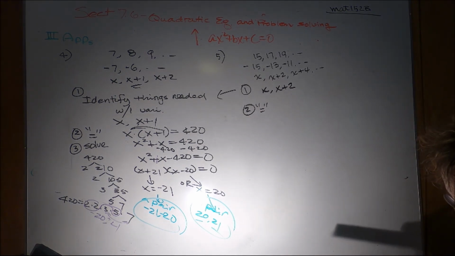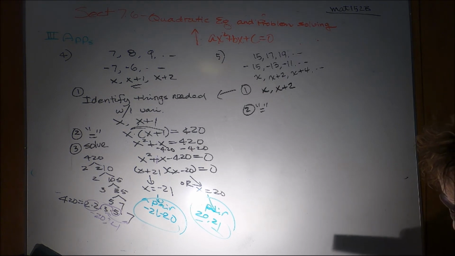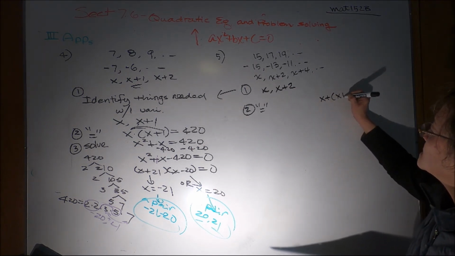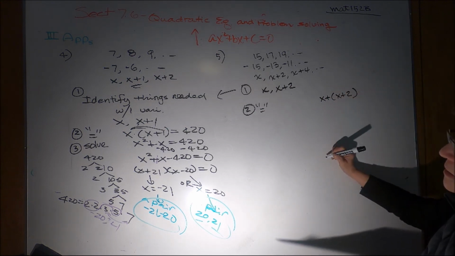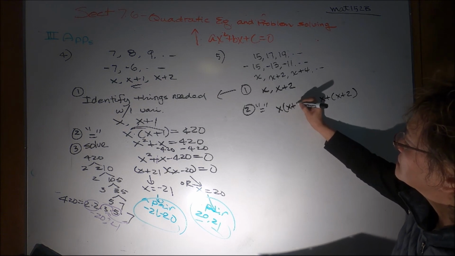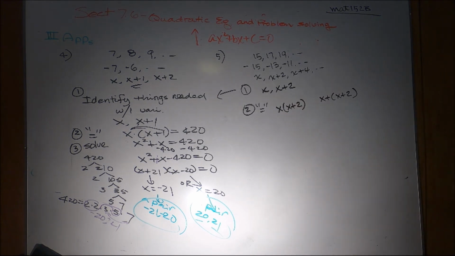It says, whose product is 23 more than their sum? So what is your sum? It means addition, right? What is your product? It means you multiply together.